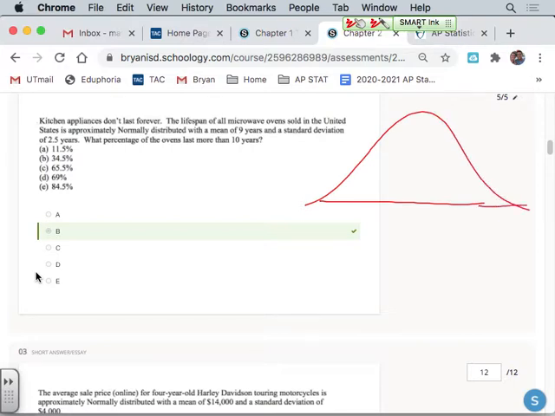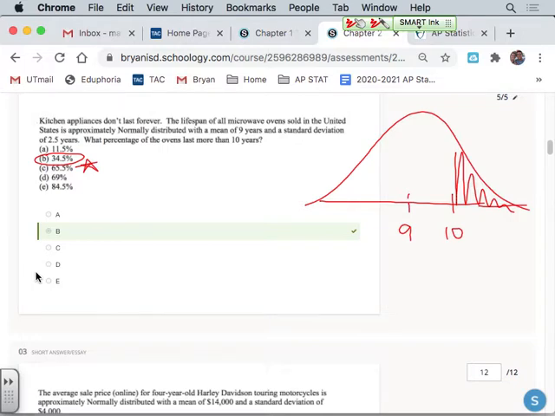All right, so I had a normal distribution with a mean of 9, standard deviation 2.5, and we wanted more than 10. On this one, I think, if I'm trying to remember, let's see. Oh yeah, so the correct one is B here. And I think if you missed it, you put C, most likely.